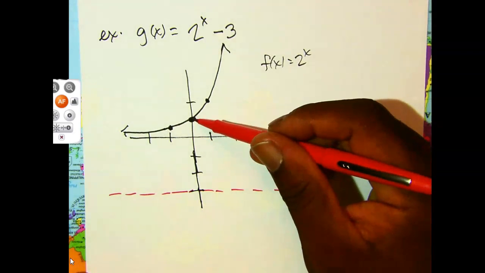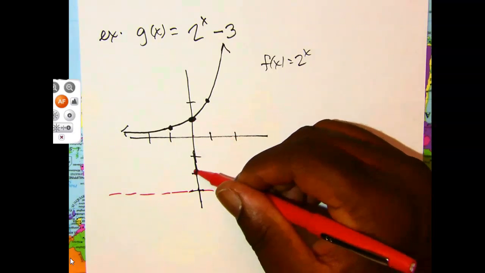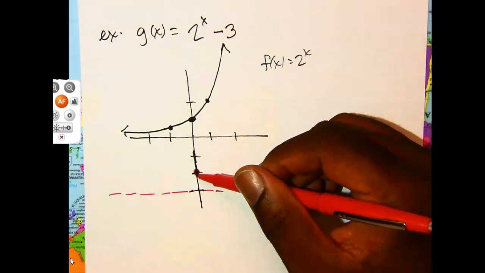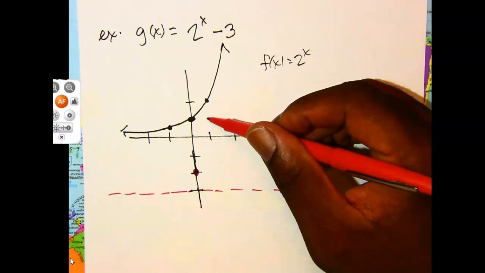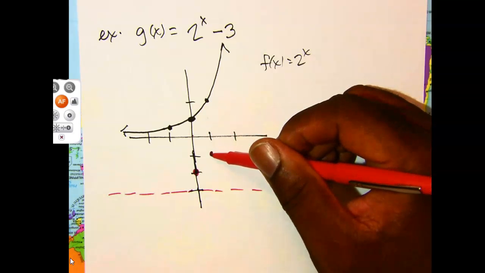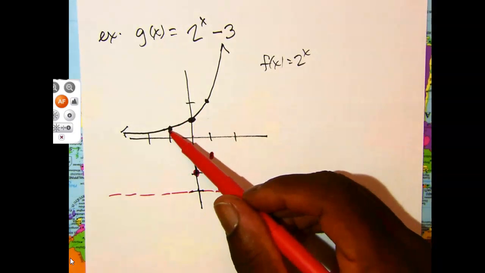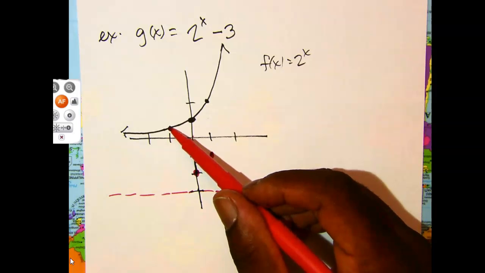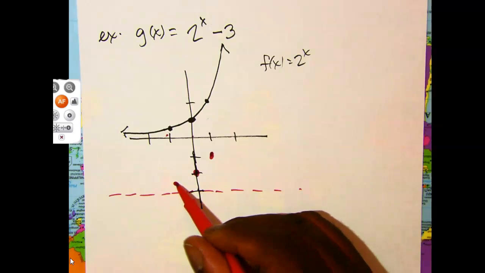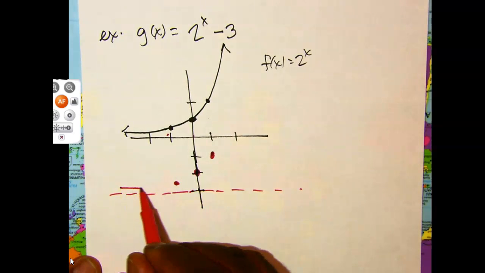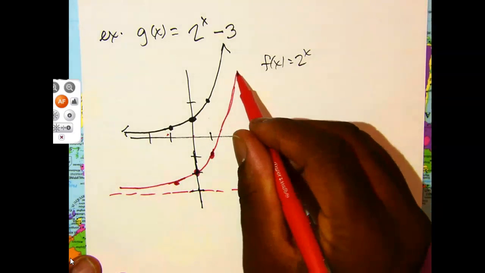This point here at 0, 1, we move it down 3 units. So 1 minus 3 is negative 2. This point here at 1, 2, 2 minus 3, we'll bring it here at 1, negative 1. And this point here at negative 1, 1/2, 1/2 minus 3 will take us down to negative 2.5. So that point will be right there. And then your graph will follow the same pattern as the one before.